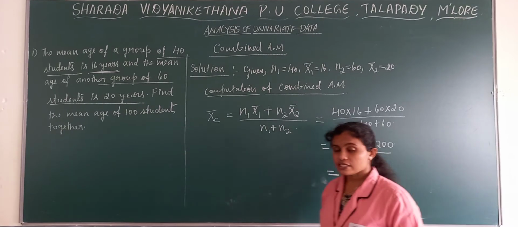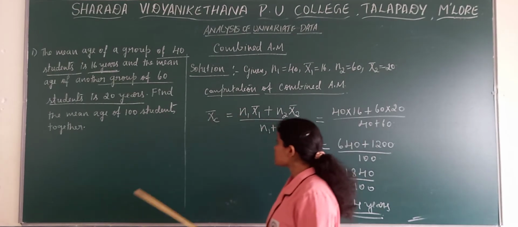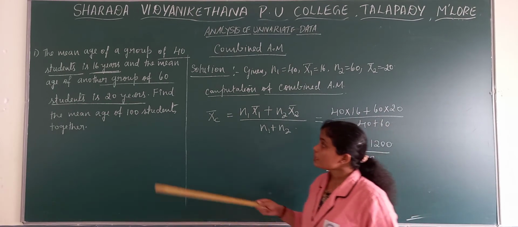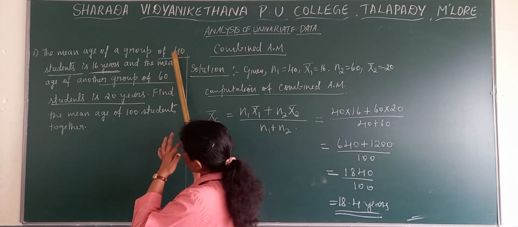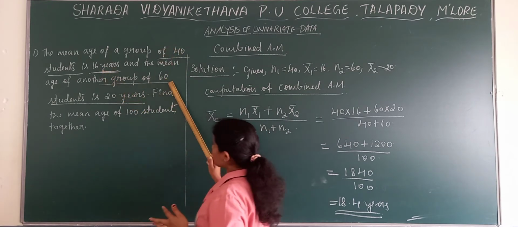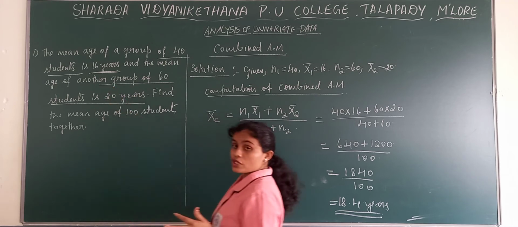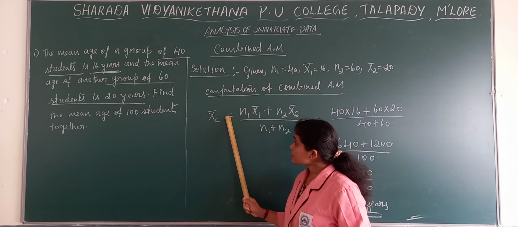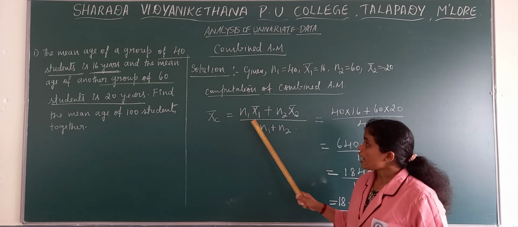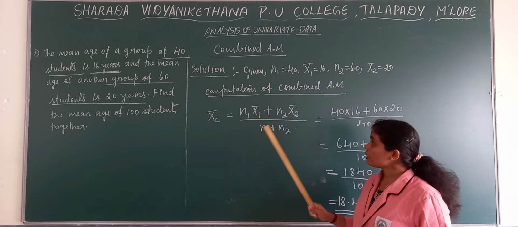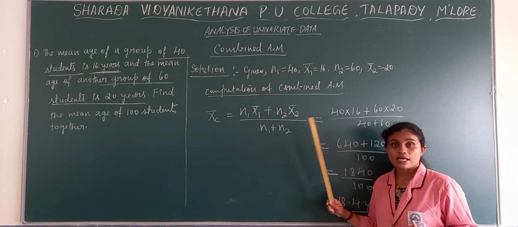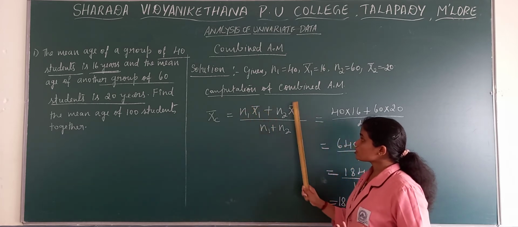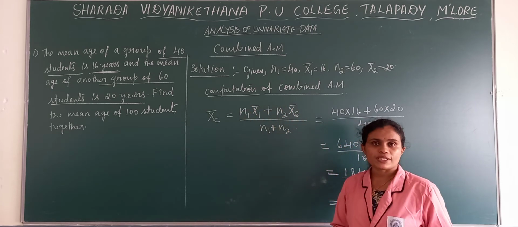But in this case it is not necessary that they always give direct information of N1, X bar 1, N2, X bar 2 to find the combined arithmetic mean. Sometimes X bar c will be given and N1, X bar 1 will be given, and X bar 2 will be missing. Some other time n2 will be missing.